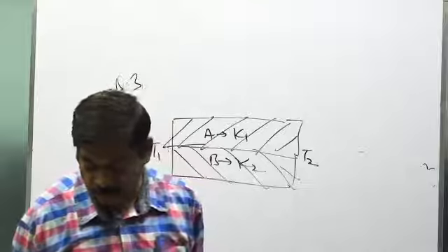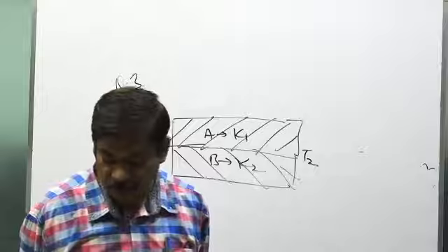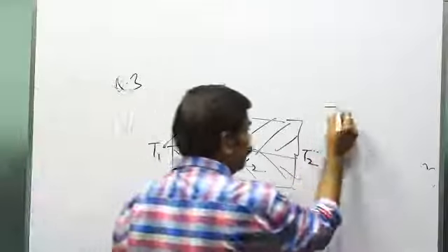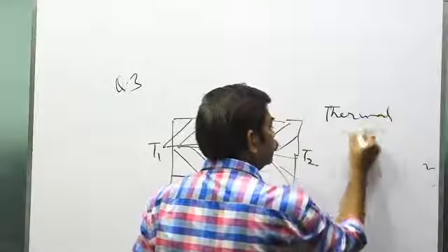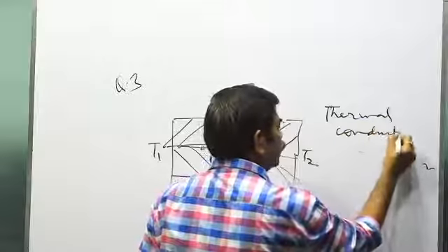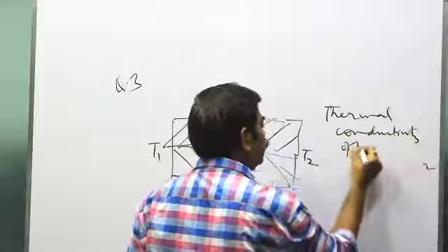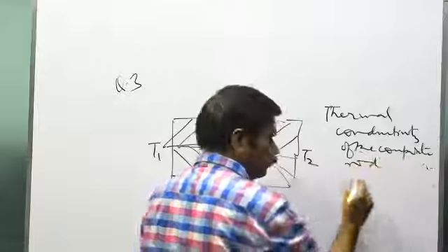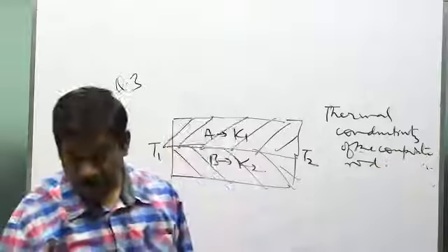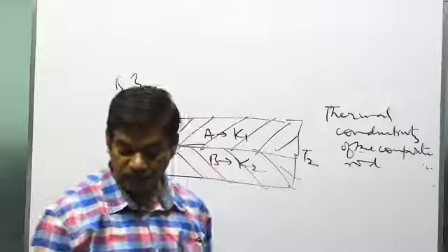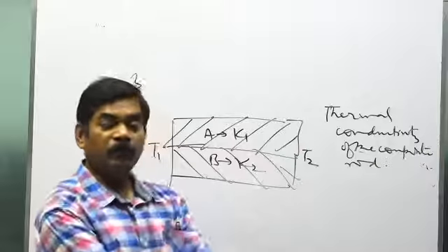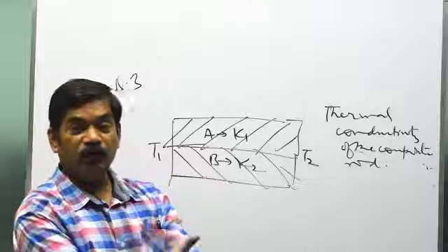Now they're asking what will be the thermal conductivity of the composite rod. Say one thing: when the examiner gives you that the temperature at this end is T1 and at this end is T2, maybe it comes to your mind that T1 and T2 may also play some role.